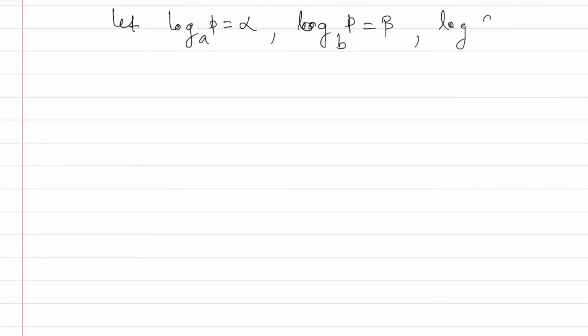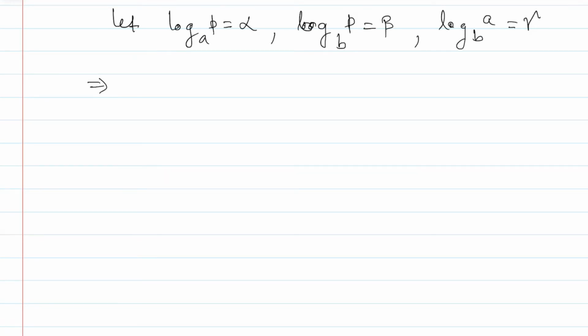Now we will prove two properties of logarithmic function. Let us suppose log of p to the base a is equal to alpha. Log of p to the base b is equal to beta. And log of a to the base b is equal to gamma.